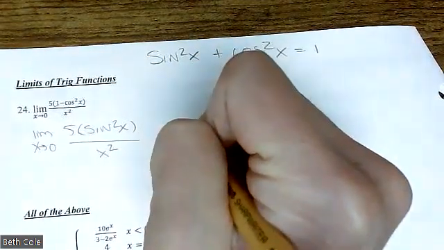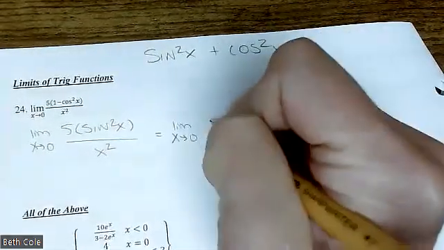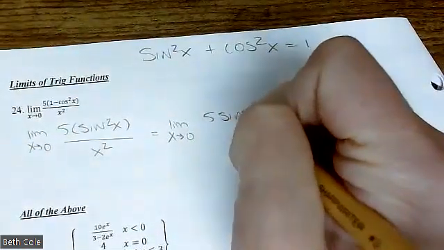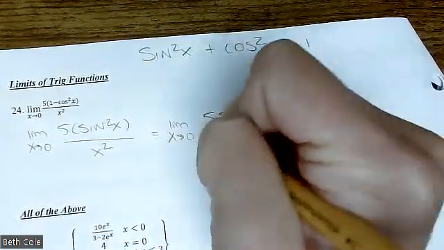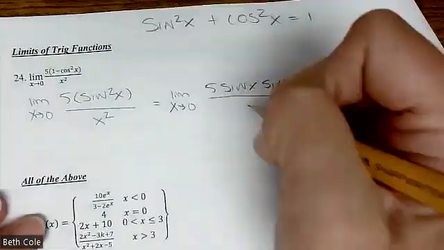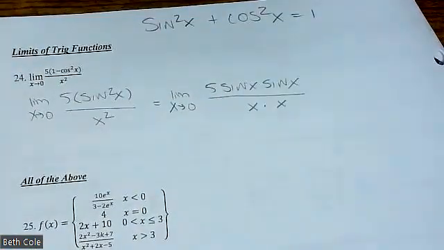So I'm sorry, but write limit again. Sine squared, and that 5 is still there. Sine squared means sine times sine. And I call it a twin. Like you see the squared, that means you have 2 of them. And same thing in the denominator, x squared would be x times x.